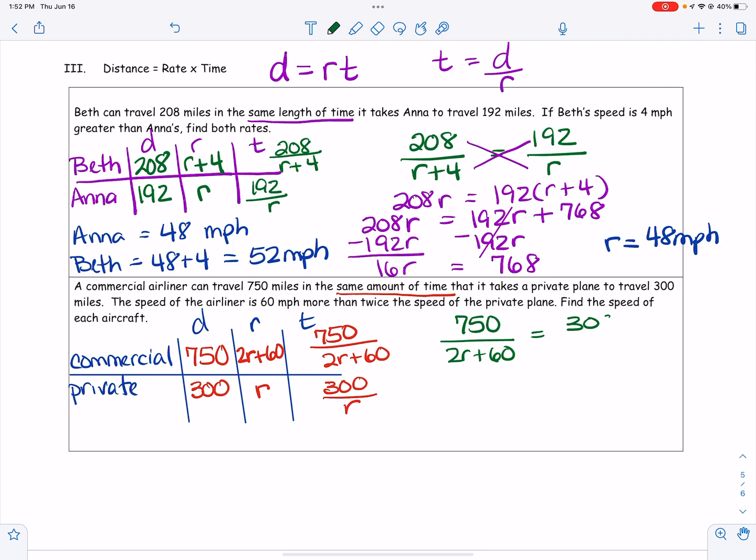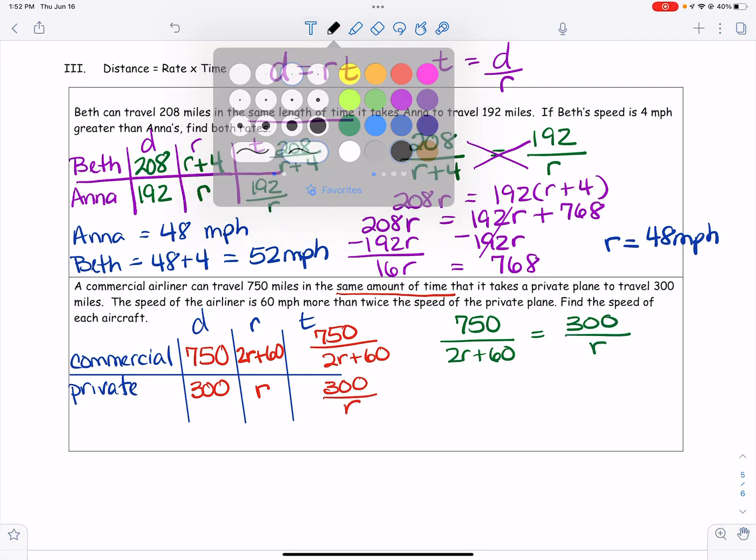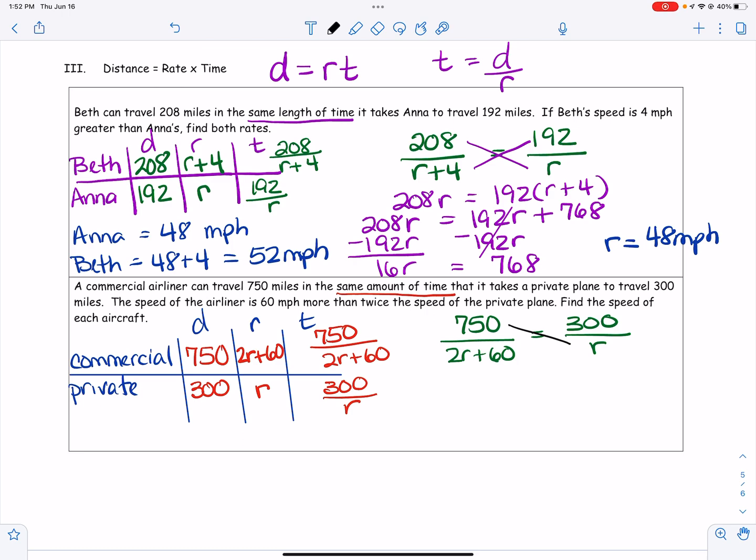So I get this. Now I'm going to cross multiply 750 times r, and then 300 times 2r plus 60. Distribute so that I get 600r plus 18,000 equals 750r.